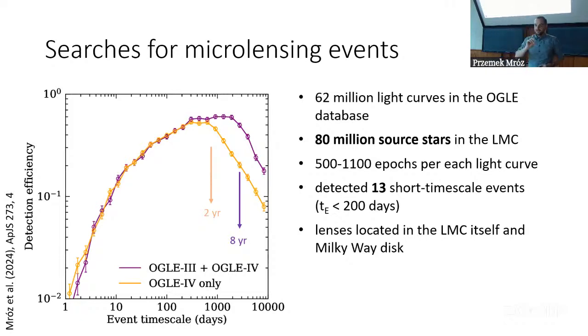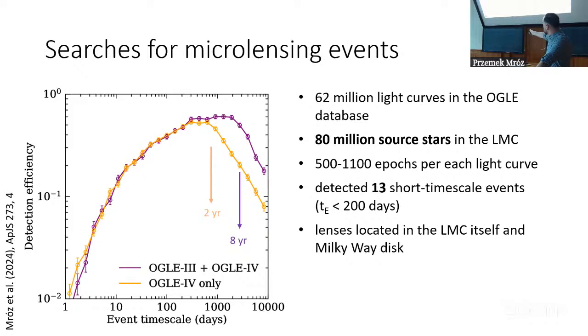So there's no need to invoke primordial black holes to explain our observations. We didn't see any long timescale events, with timescales of years, that may have been caused by LIGO-Virgo mass black holes. But we had really large sensitivity to such objects. So we ran really extensive simulations to make sure that we are able to find many of these long timescale events.